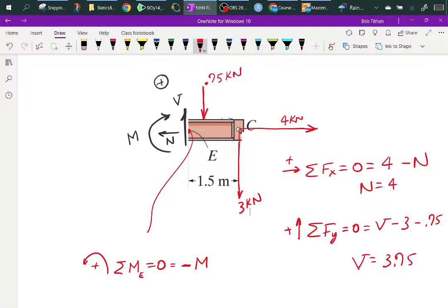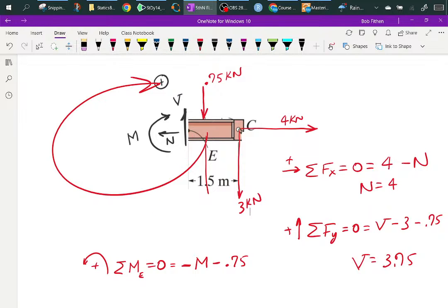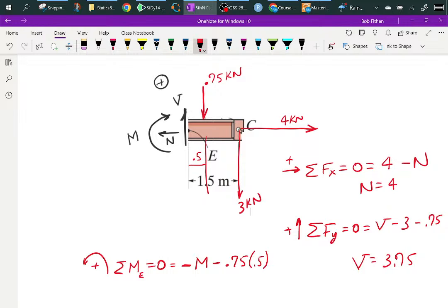So both of them are the same way. They're both going to be this way, which is a minus. So it's -0.75 times the moment arm. And that moment arm is a third from the heavy end, so that is 0.5. And then the other one is a 3, and it's completely over there, 1.5.